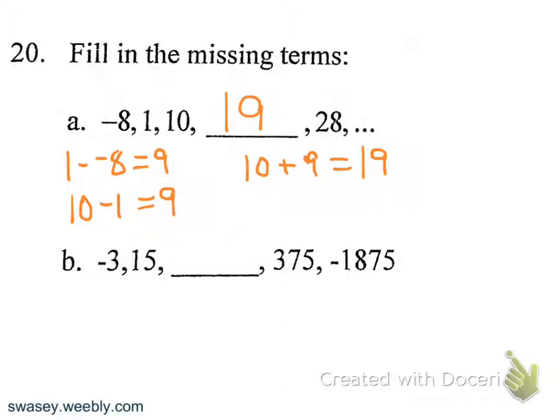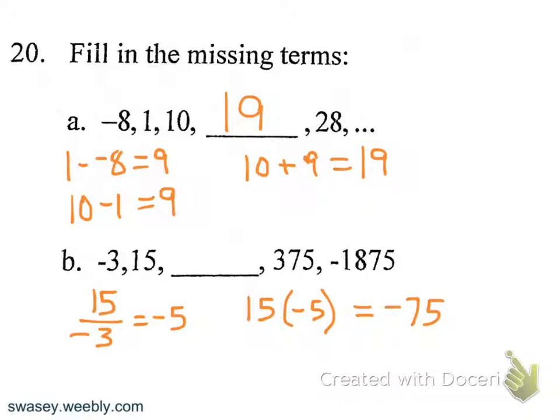And then on part B, 15 divided by negative 3 is negative 5. So we're multiplying by negative 5. 15 times negative 5 gives us negative 75. If you do negative 75 times negative 5, you get positive 375. So the pattern continues, multiplying by negative 5 each time. It's a geometric sequence.